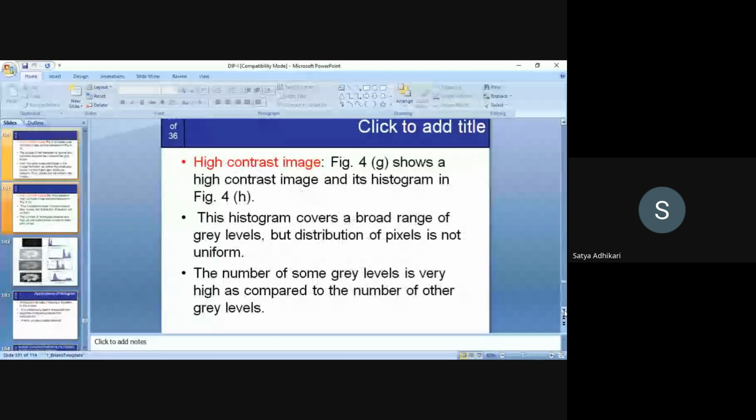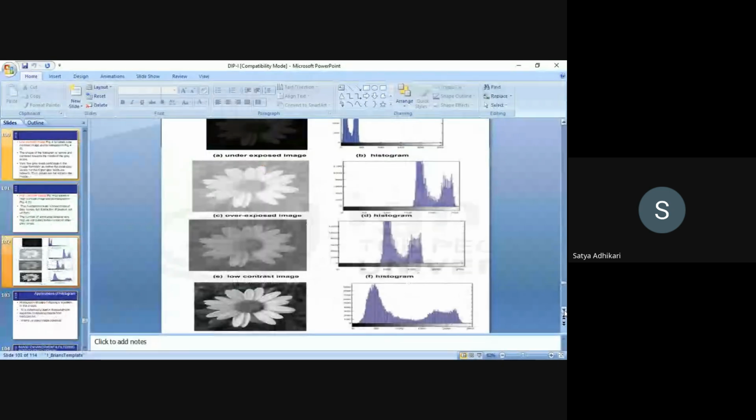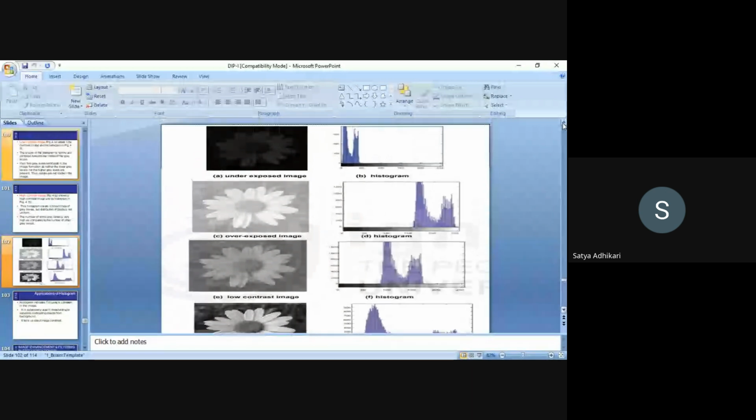Let us come to the image directly. The first one, figure A, is an underexposed image. You see the histogram.